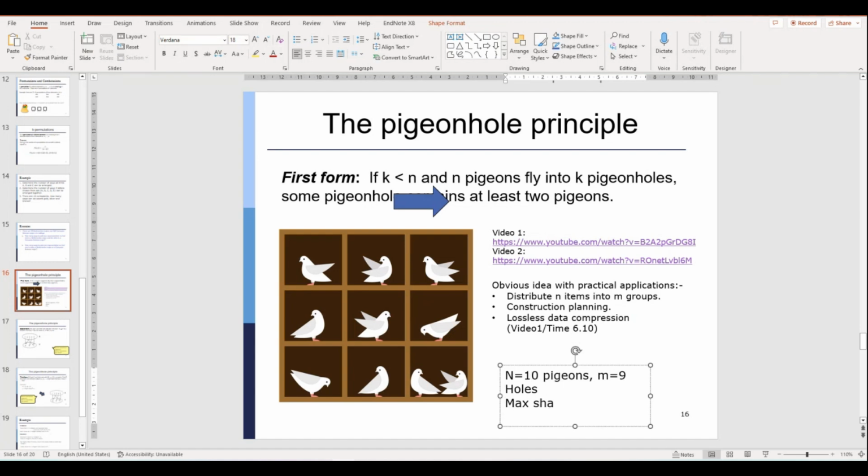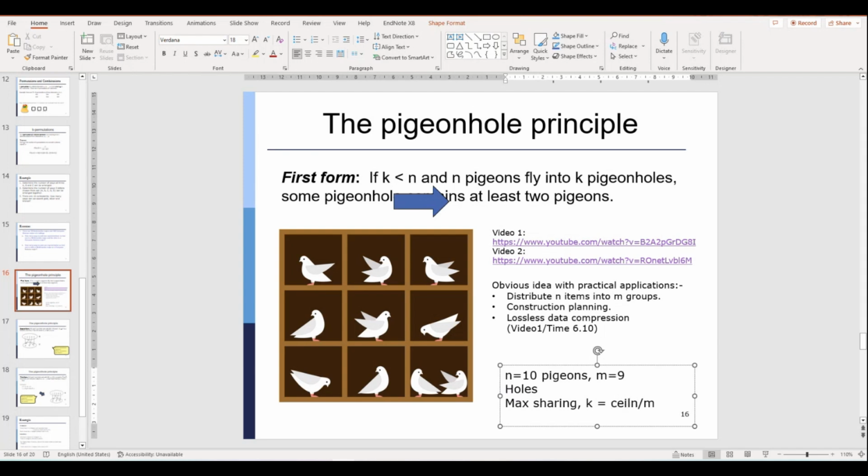So max sharing is given by K, which is n divided by m. I cannot write the symbol here, so I will just put bracket there, ceiling.